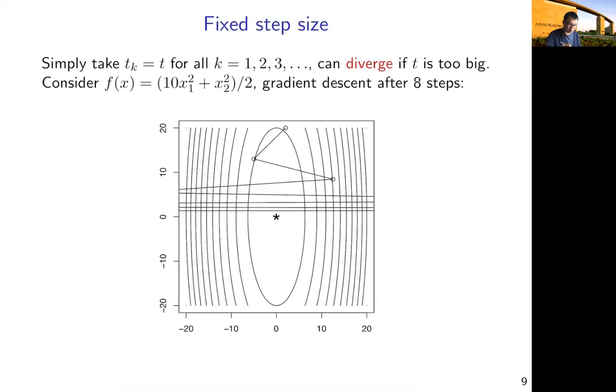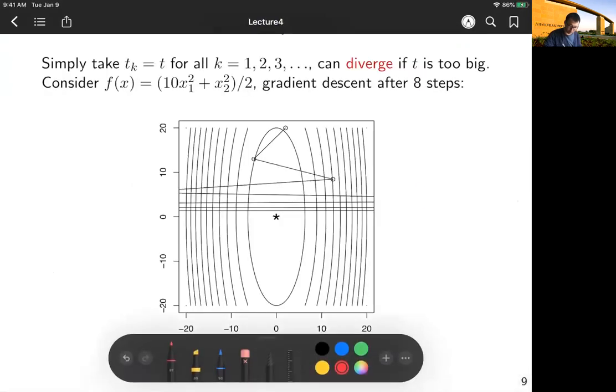What is plotted with these ellipses are the contours of the objective function value. Think about these as the level lines of a quadratic function.